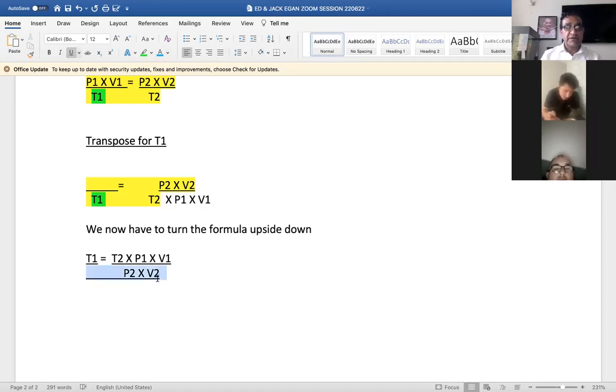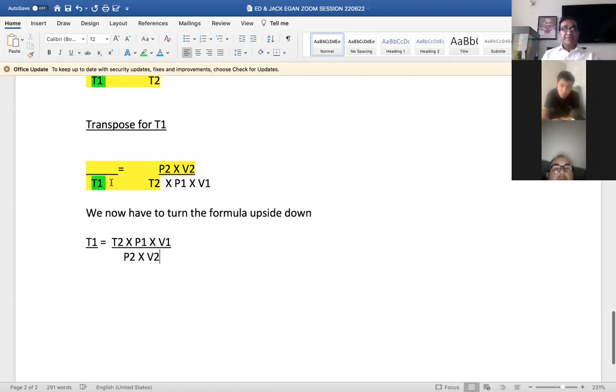And I'll just get rid of the line here. So what we've done is we've actually turned it upside down. So T1 is actually going to equal T2 times P1 times V1 divided by P2 times V2. So we just turned it upside down. You flipped the equation. Flipped it, yeah. Inverted it, flipped it, upside down, whatever you want to call it. That's what we've done mathematically.